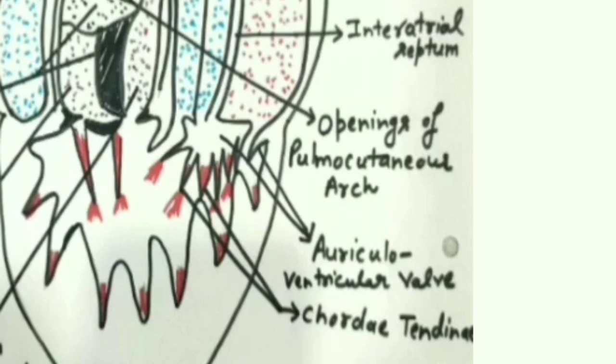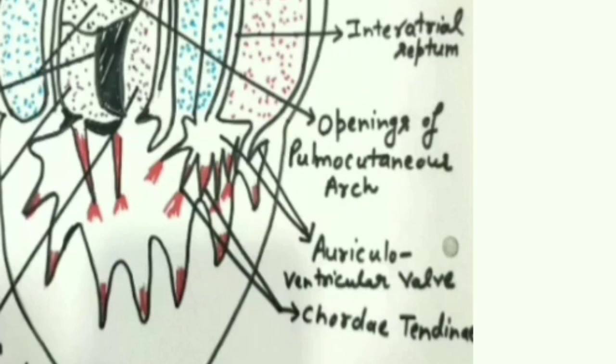Just see, the inner surface of the ventricle is not smooth. The auricle's inner surface was smooth, but the ventricle's inner surface is uneven. Why is it uneven? Because it contains ridges and depressions. Let me tell you, the ridges are called columnae carneae. Okay, and just see, depressions are called fissures.